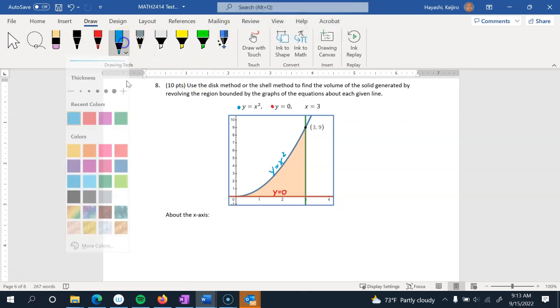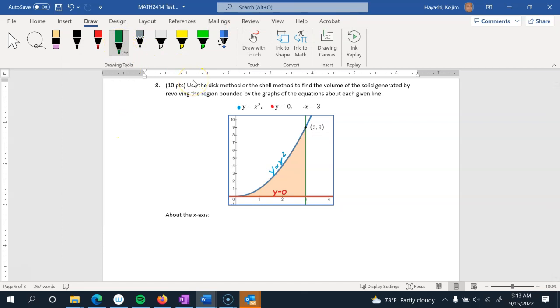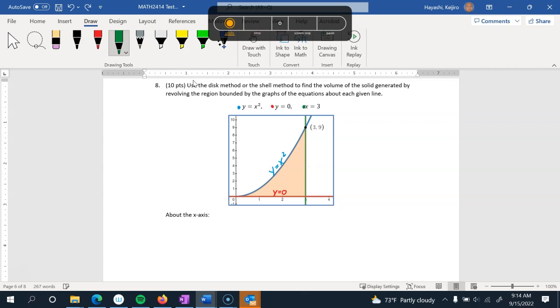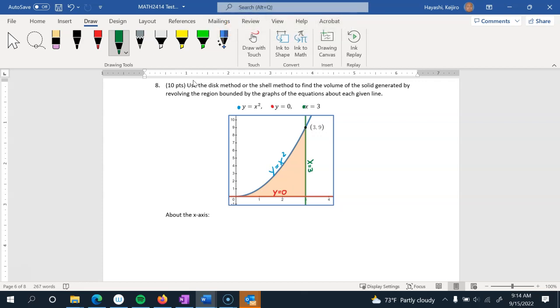And x equals 3, which is here in green. Okay.